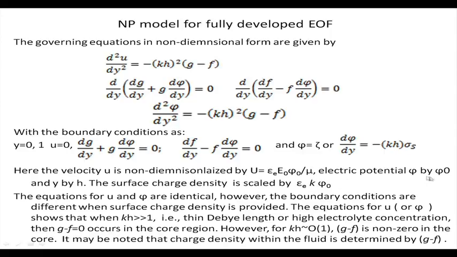Phi is scaled by phi 0, the thermal potential RT by F, which is about 0.026 volt or 26 millivolts, and y we have scaled by the height of the channel, and the surface charge density is normally scaled by epsilon kappa phi 0.